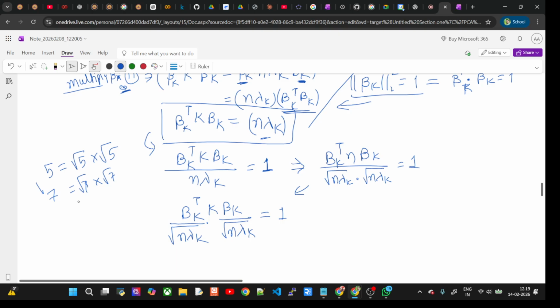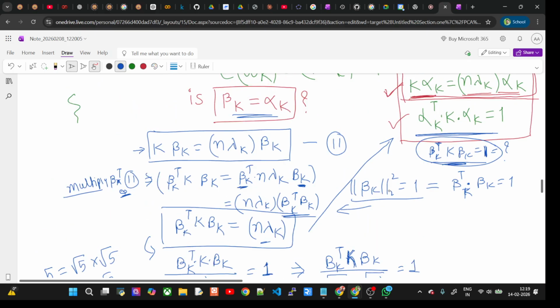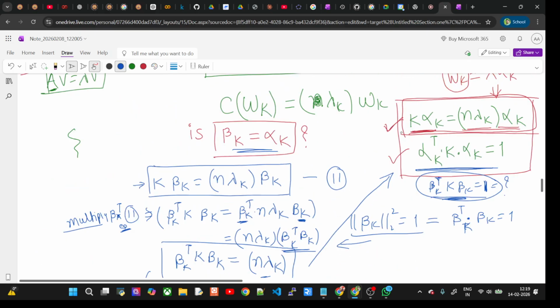K into beta k, yes. Sorry, I made a mistake: it is K beta k transpose K, not n, this is K. So now from this equation we found that K into alpha k equals n lambda k into alpha k.